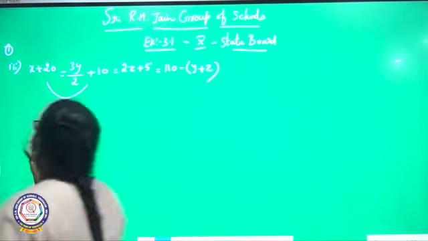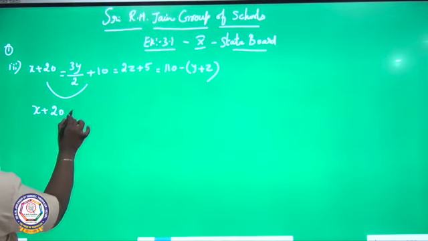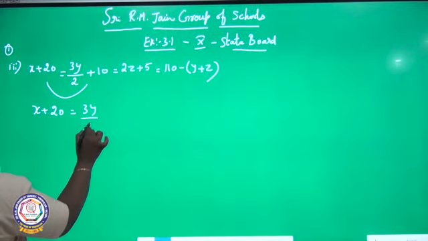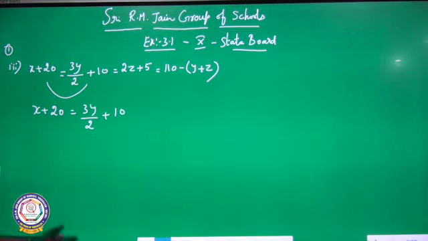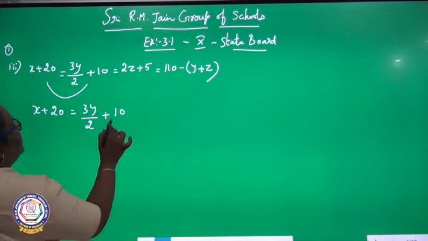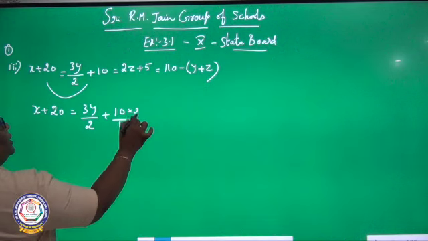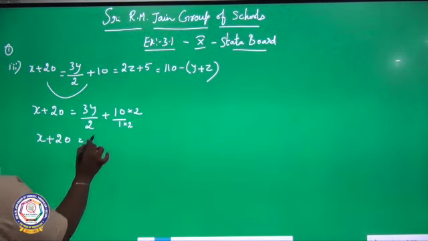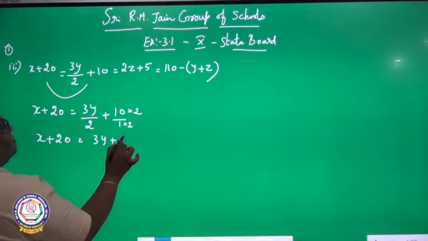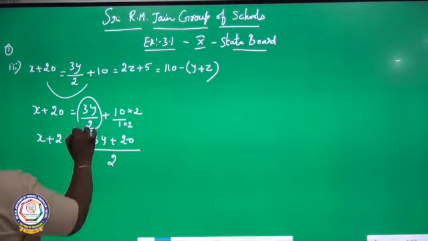See here, first x plus 20 equal to 3y by 2 plus 10. First I can take these two. See, the LCM is 2, you can take the LCM. So x plus 20 equal to 3y plus 20 by 2, because it is in a fraction form.